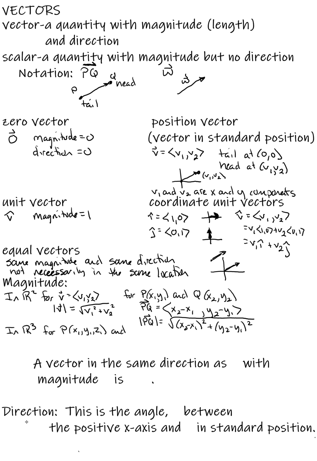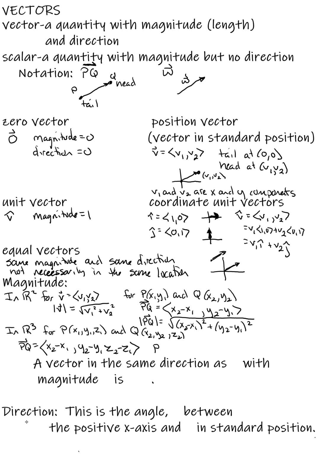And let's take the point Q with coordinates x2, y2, z2. Then the vector PQ has the components x2 minus x1, y2 minus y1, and z2 minus z1. Yes, it has 3 components because it's in 3 space.